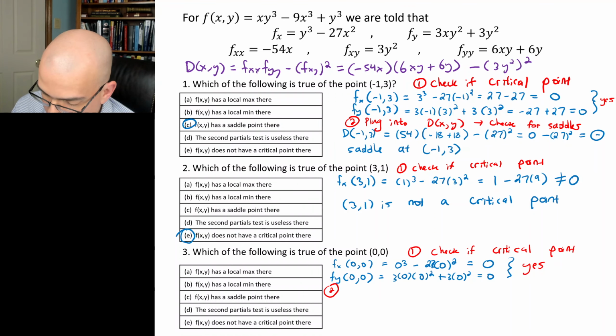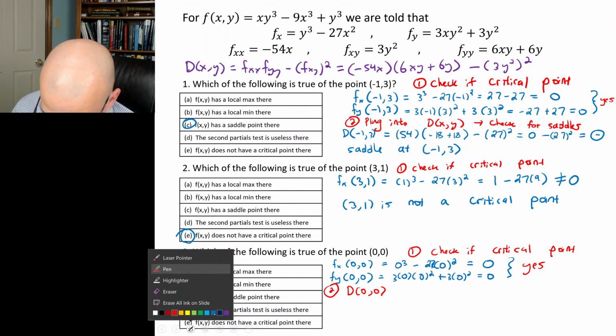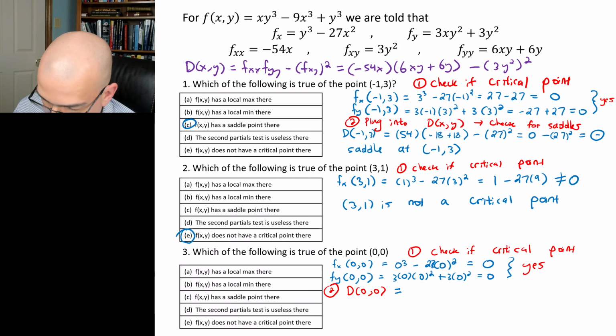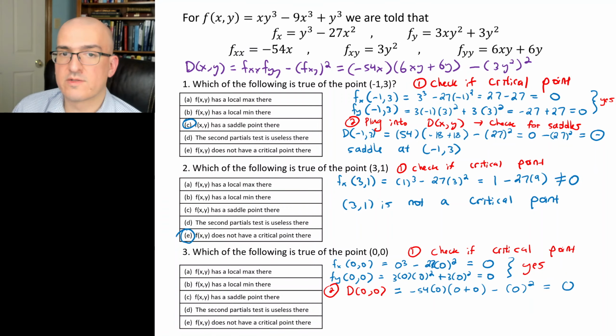Step 2, evaluate D at 0, 0. So we will have negative 54 times 0 times 0 plus 0 minus 0 squared, which is a big honkin' 0.